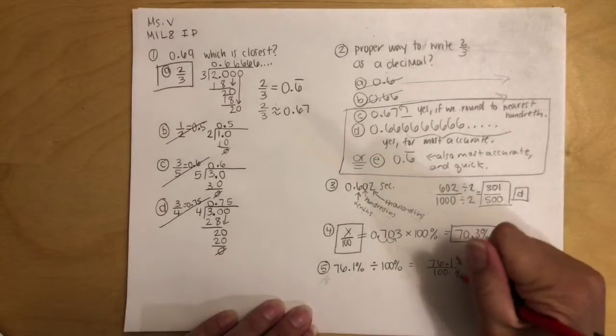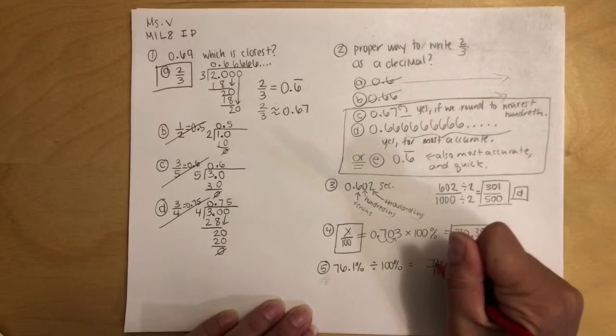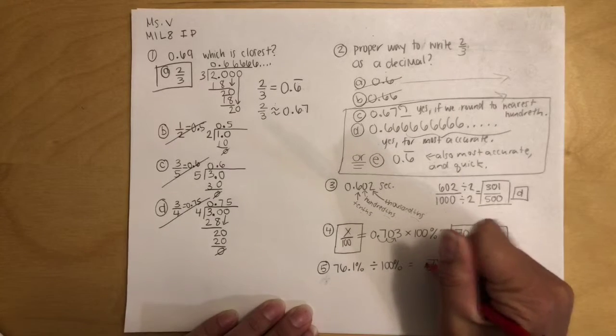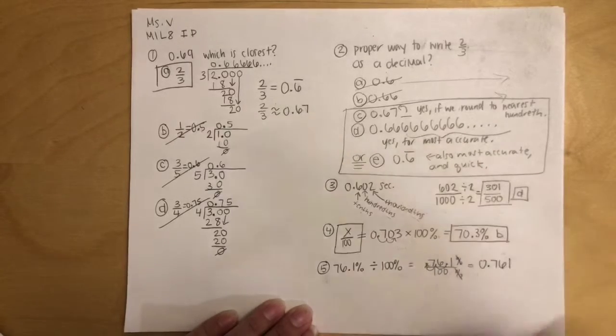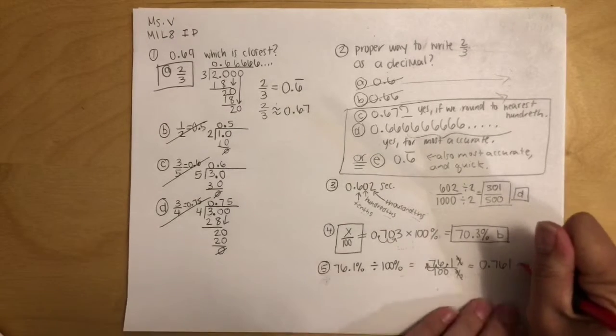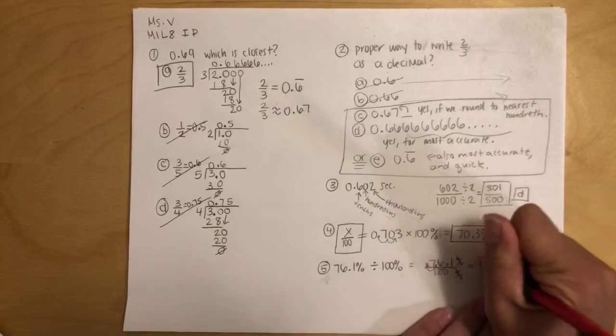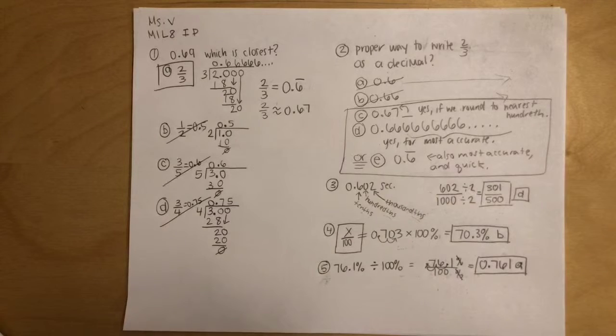I like to cancel out the percents and then move the decimal 2 places, 1, 2, and so our answer is 0.761. That is A. All right, another one done.